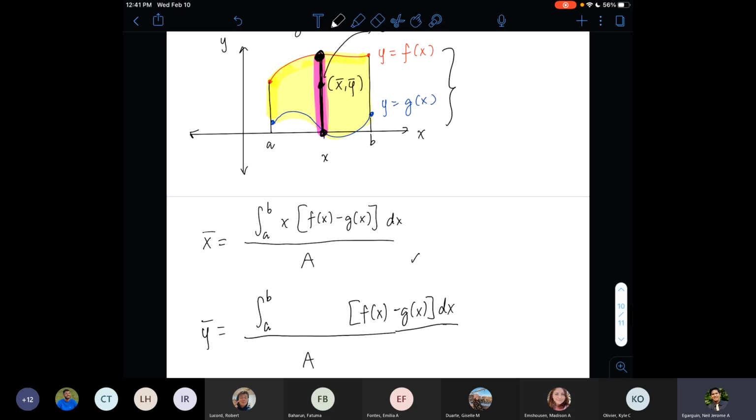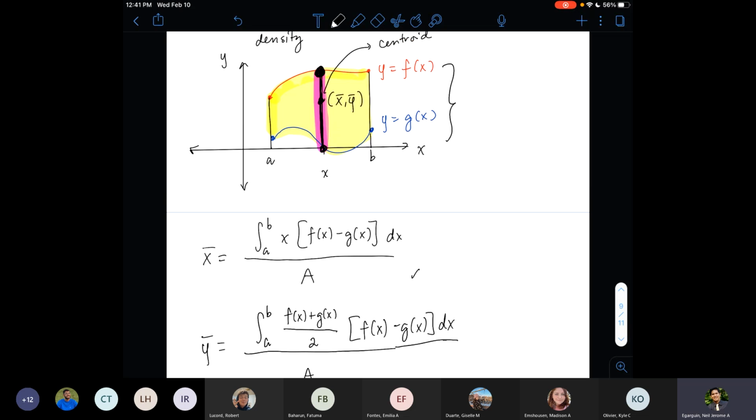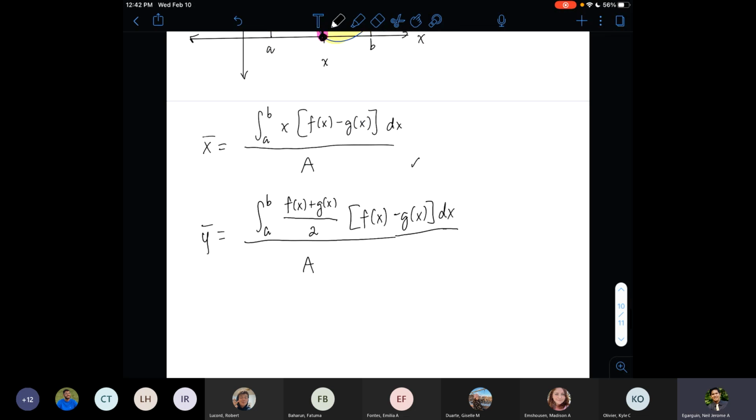That would be f of x plus g of x all over 2, because that's the average of f and g. If you take the average, that will bring you to the middle of the strip. So that would be f plus g all over 2.